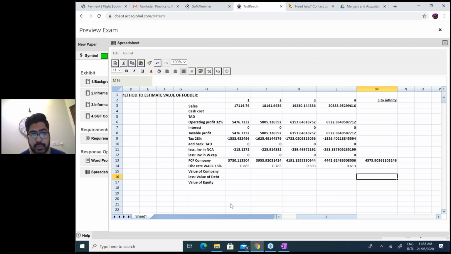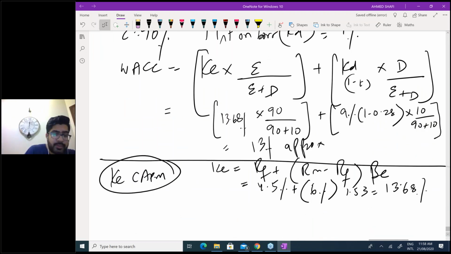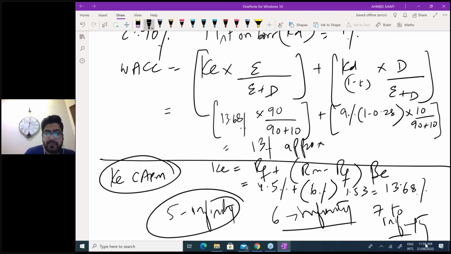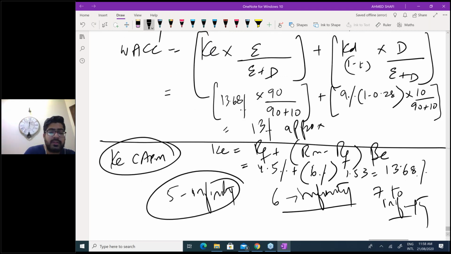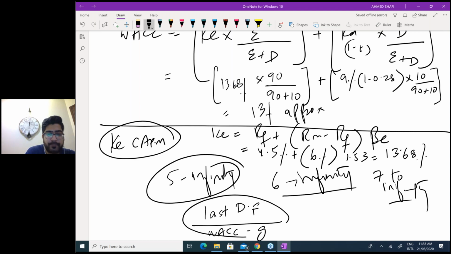These discount factors of year 1, 2, 3, 4 came from the table, but remember, from year 5 to infinity, or 6 to infinity, or 7 to infinity, for infinity the factor is not there in the table, so we apply a formula: last discount factor over WACC minus growth rate.